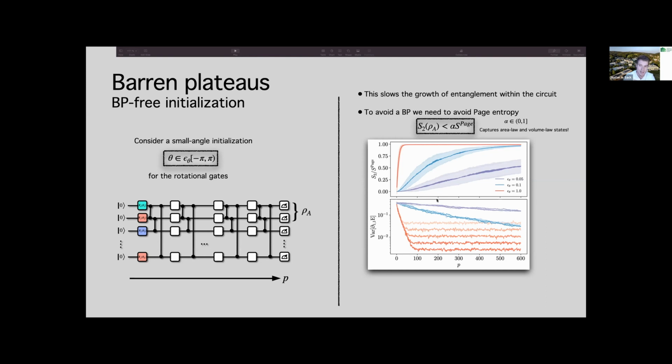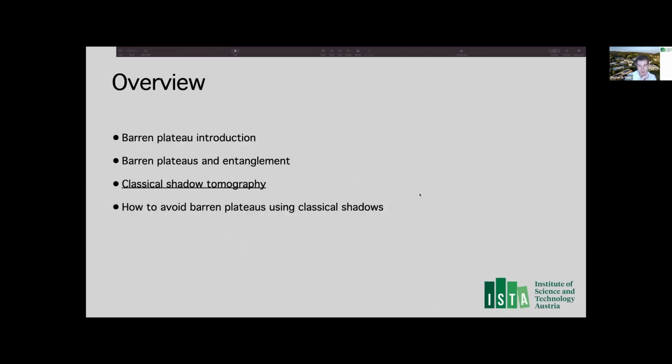You simply need to avoid encountering a random state in the Hilbert space. This condition needs to hold throughout the circuit optimization and not just in the beginning, which is very crucial. And this leads us to classical shadow tomography, because classical shadows allow us to efficiently check for weak Barren Plateaus during the optimization process.